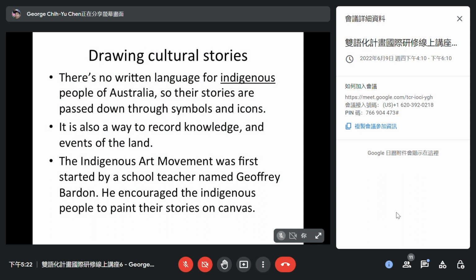For the Indigenous people of Australia, there's no written language. So their stories are passed down through symbols and icons. 一些符号和象征. And this is also a way for them to record knowledge, 记录下一些知识 and the events of the land, 他们土地上的事件. And this has been their tradition for about 3,000 years.